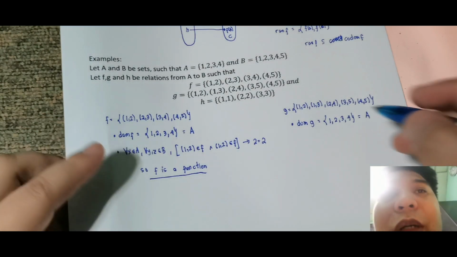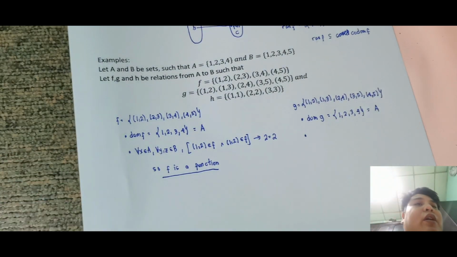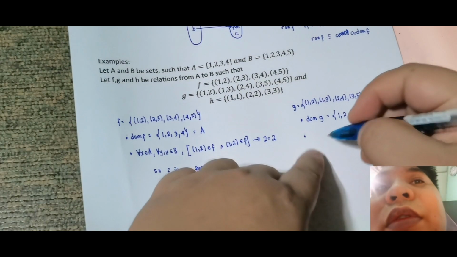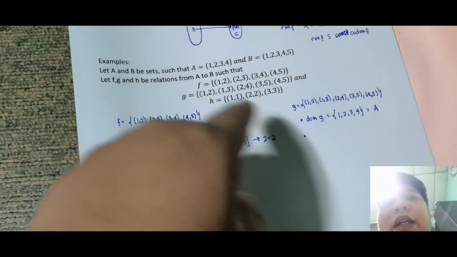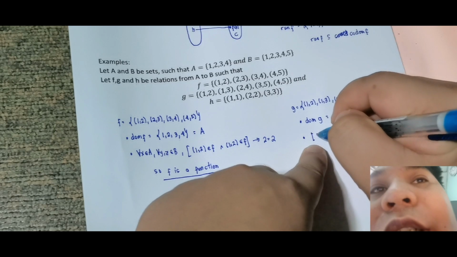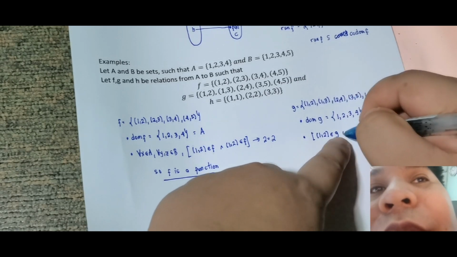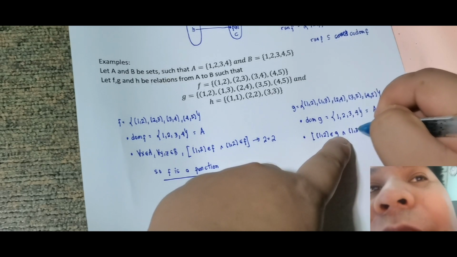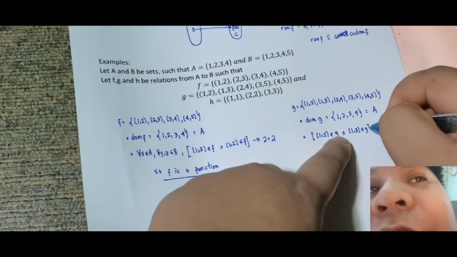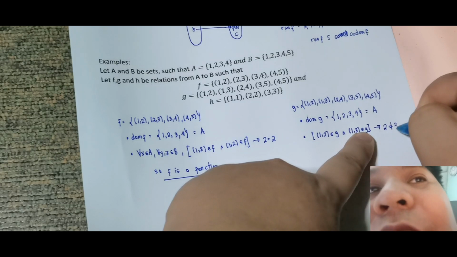So, okay pa rin tayo na domain of G is equal to A. Pero, check pala natin yung pangalawa. So, for letter B condition, dito, nakakita ako ng (1, 2). Tingnan nyo mabuti. Nakakita ako ng (1, 2) element of G and (1, 3) element of G. But this implies that 2 is not equal to 3.